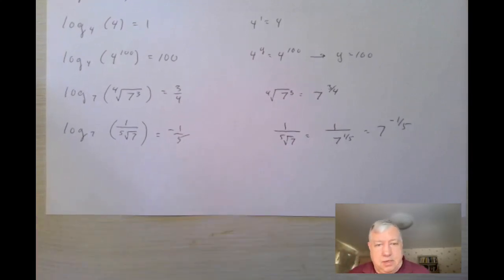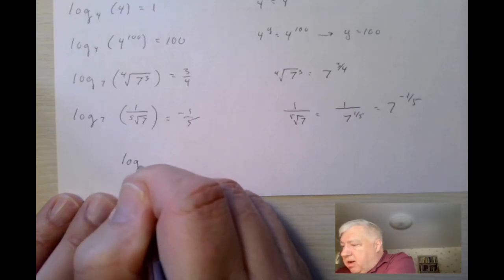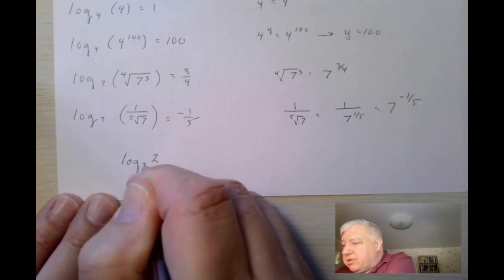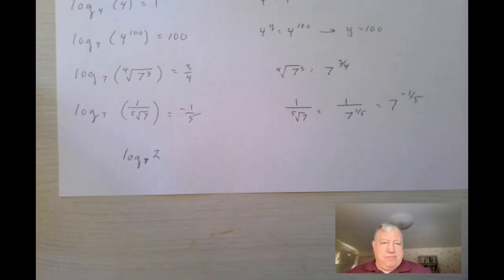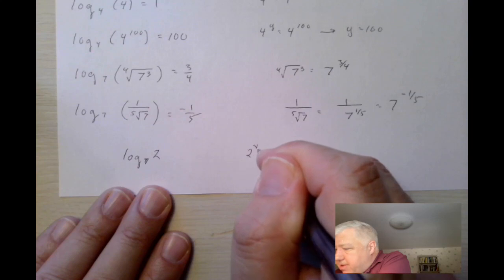All right. Now, I will say we have picked relatively nice numbers. If I ask you to find the log of, let's say, 2 base 7, this exists, but we can't write this as a nice number. It's not an integer. It's not a fraction. We know that 2 to the x equals 7.